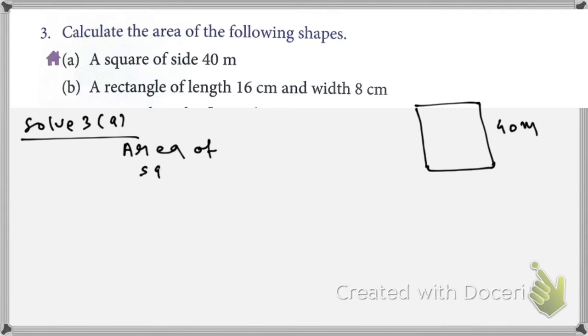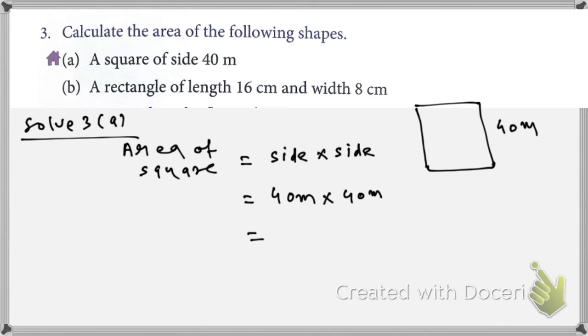Area of square will be side multiplied by side. So side is here 40, and then again side. So it will be 160 meter square, because students, in a square all the sides are same.